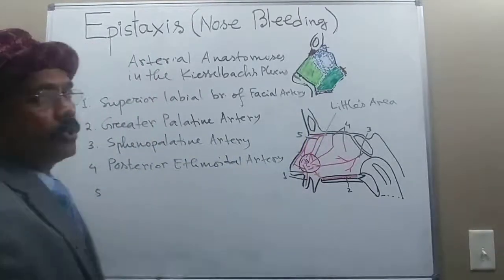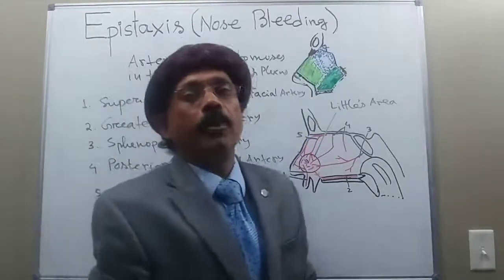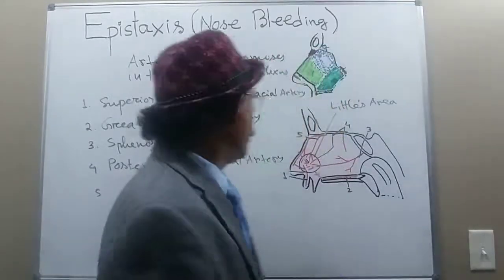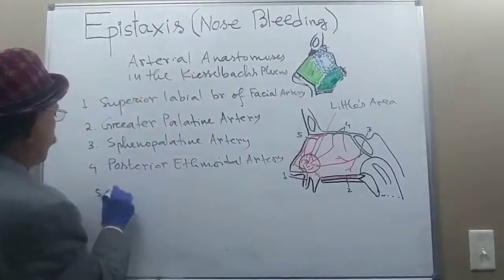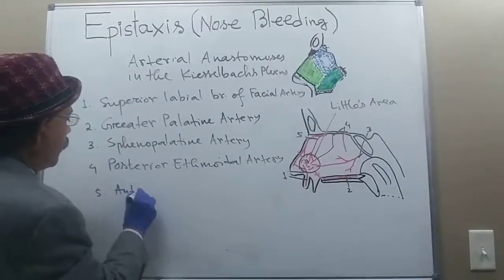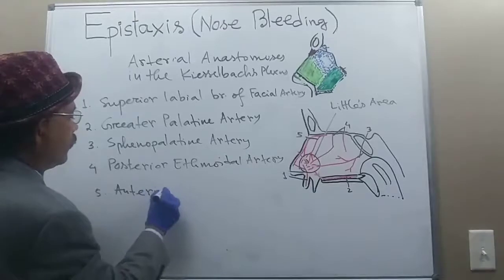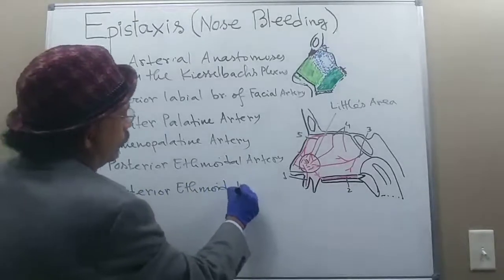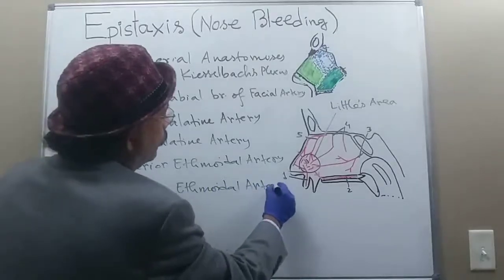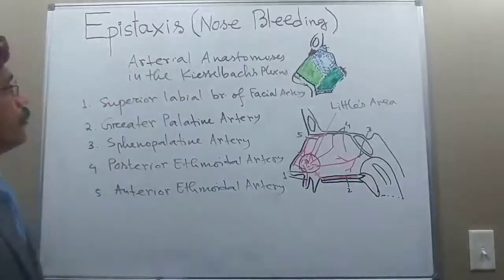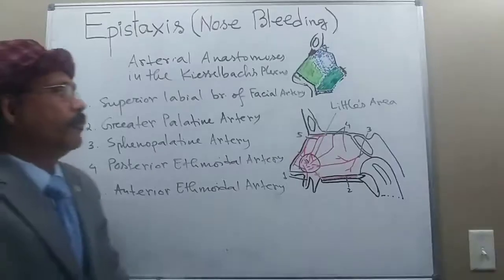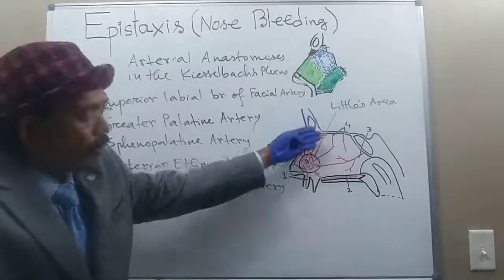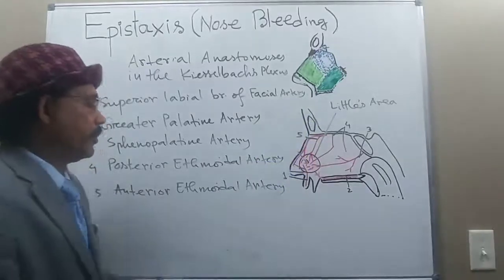These are branches of the ophthalmic artery, and the ophthalmic artery is a branch of the internal carotid artery. So we got the arteries contributing to the formation of Kiesselbach's plexus in Little's area on the anterior inferior part of the nasal septum.